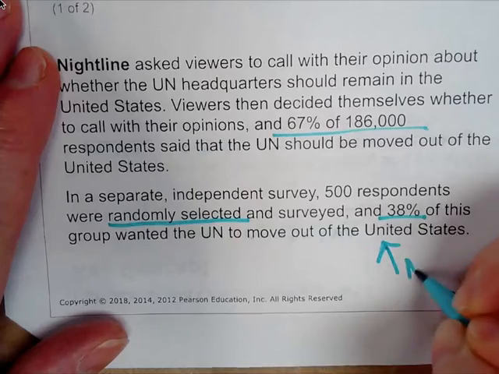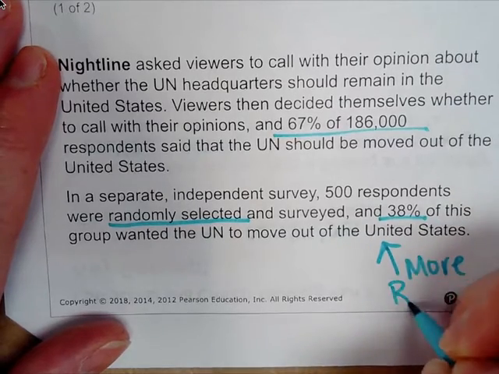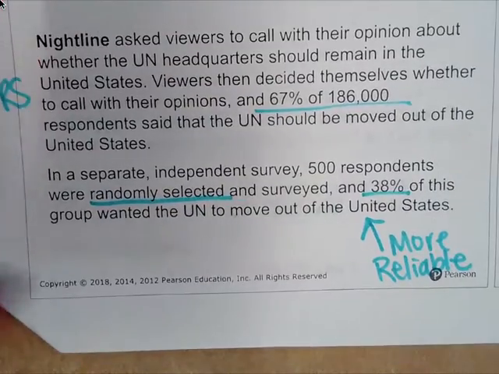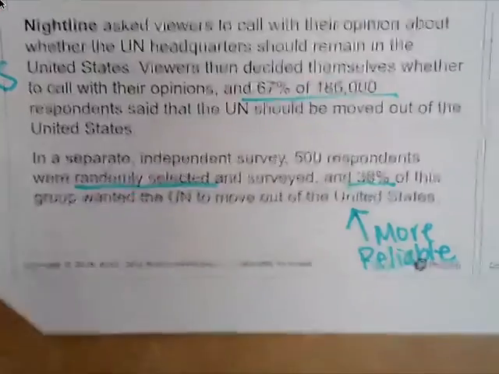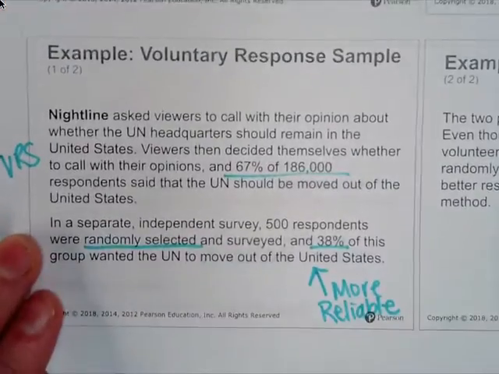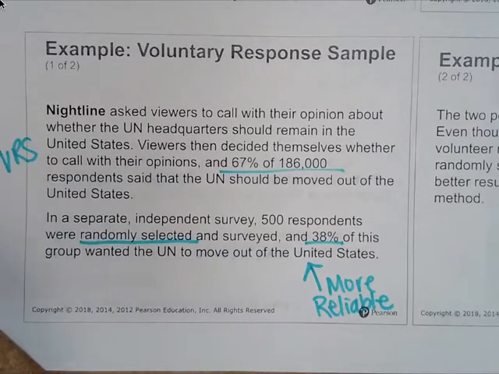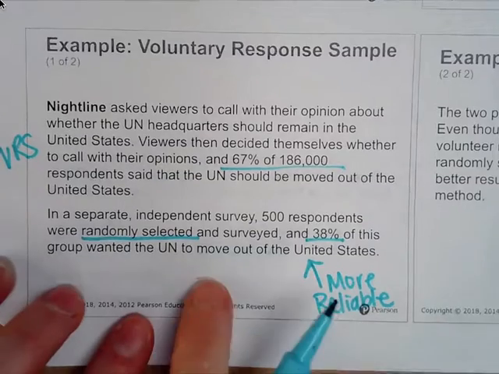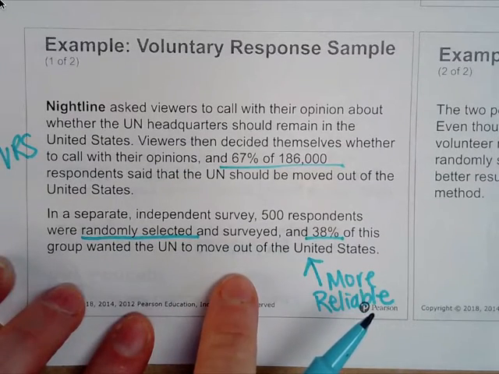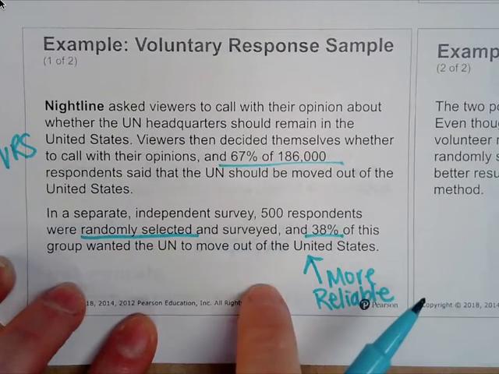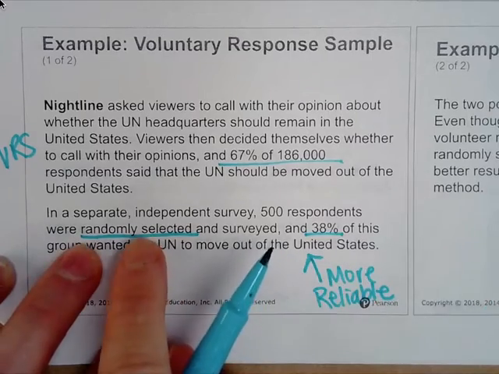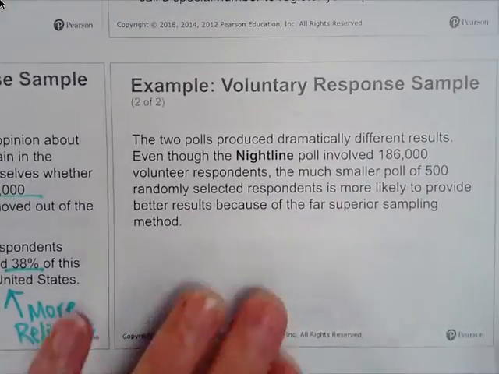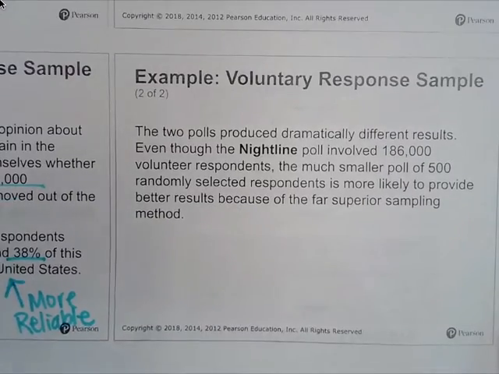So I'm going to put that here, more reliable. So even though this one was smaller sample, we're going to say this one's more reliable because it was randomly selected. So that's what that next slide summarizes for us.